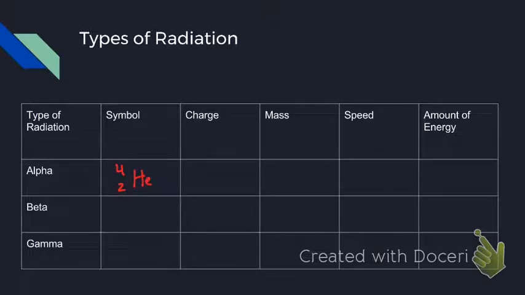So it looks like a helium atom. They're also written like this. So they could be helium 4-2 or alpha 4-2. So alpha looks like this, beta looks like this, and then gamma can look like that. The charge is a positive 2 charge. The mass is 4 AMU.